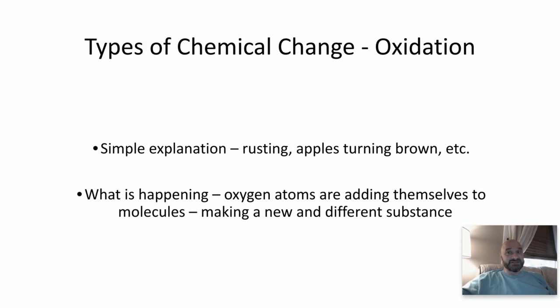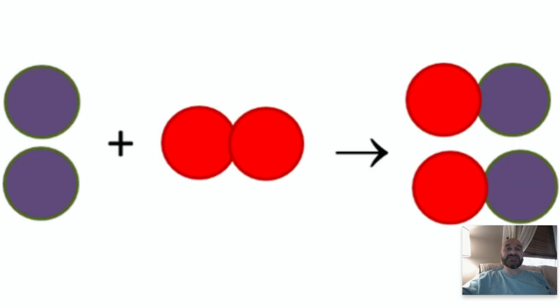So when you see oxidation, you need to think of oxygen. Oxygen atoms are adding themselves to molecules, making a new and different substance. So here we have two iron atoms, and along comes an oxygen molecule. The oxygen molecule is made of two oxygen atoms, and the oxygen atoms are more attracted to the iron atoms than they are to each other.